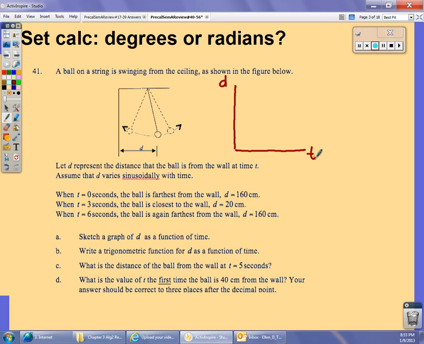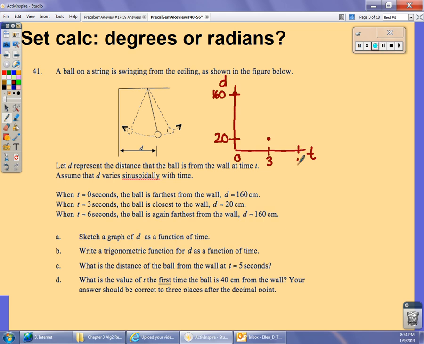At t equals 0 seconds, the ball is farthest from the wall, or D equals 160 centimeters. At t equals 3 seconds, the ball is closest to the wall, or D equals 20 centimeters.